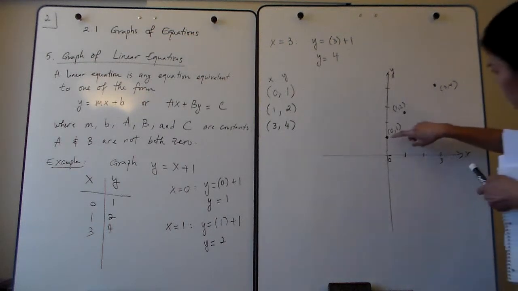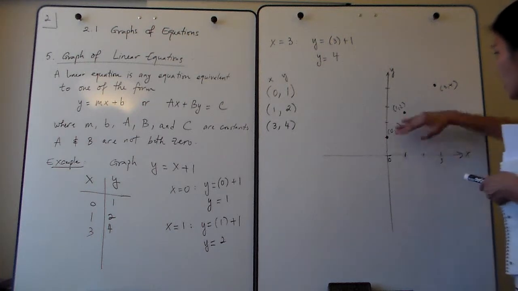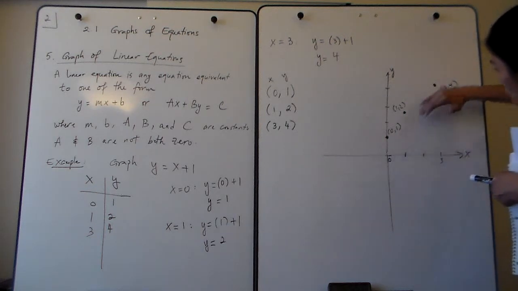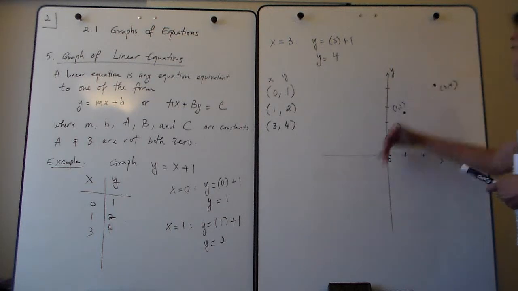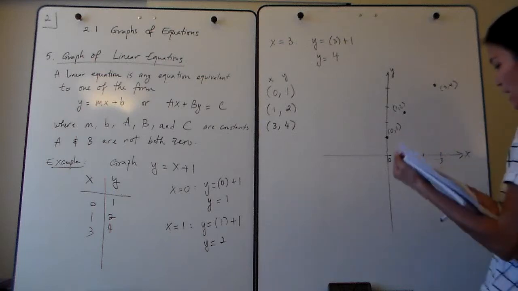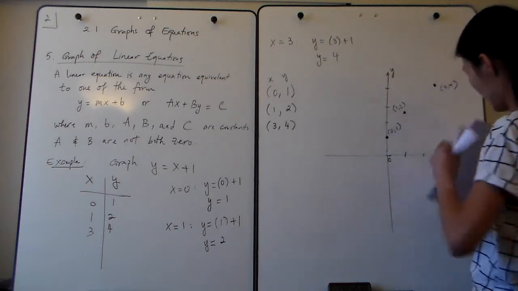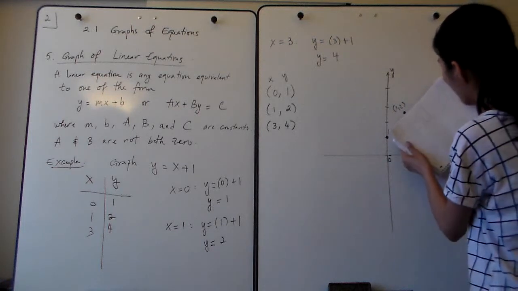Do you see a pattern? So it looks like you did it correctly, because these 3 points look like they're going to be on one line. I don't have a ruler, but if you do, you can connect them all, and you should see that they are on a line. Okay.